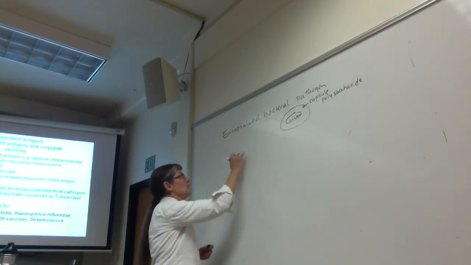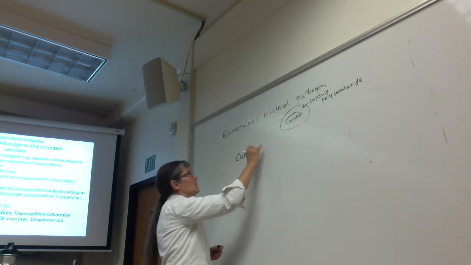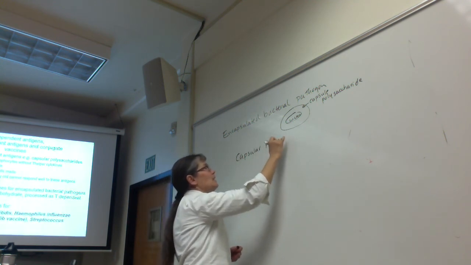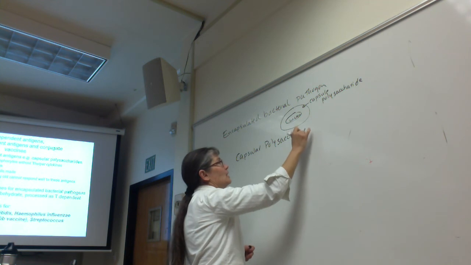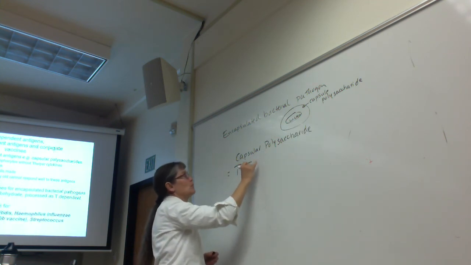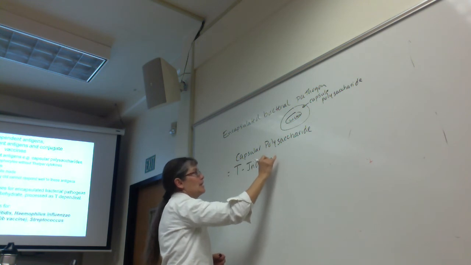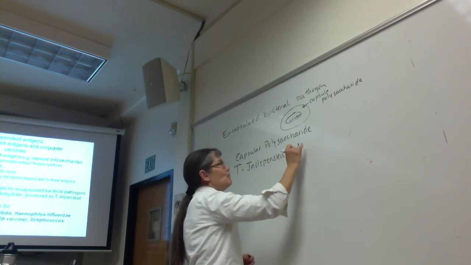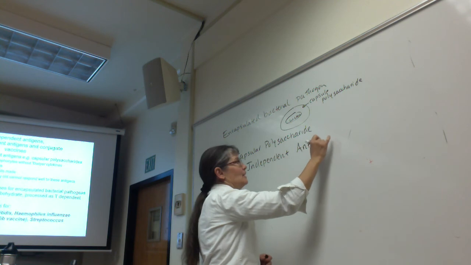So this capsular polysaccharide is an example of what's called a T-independent antigen, meaning they don't recruit T helpers. T helper cytokines aren't going to be produced. And these are bad antigens. Not good.